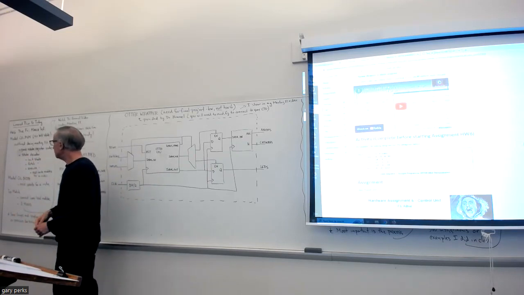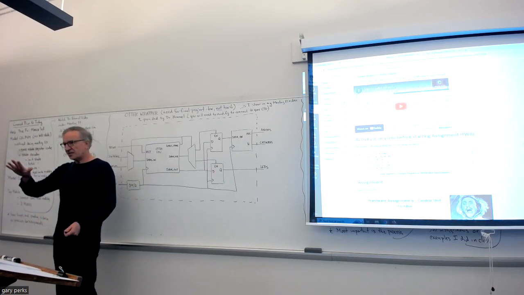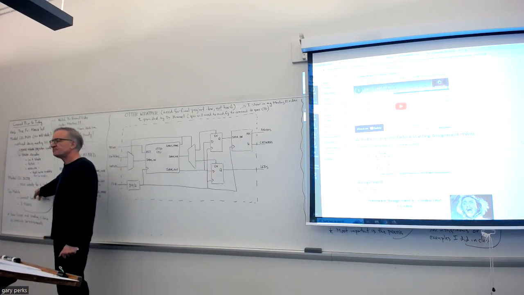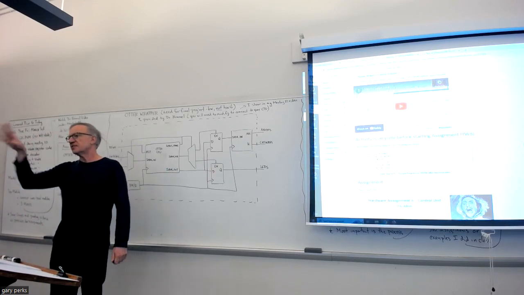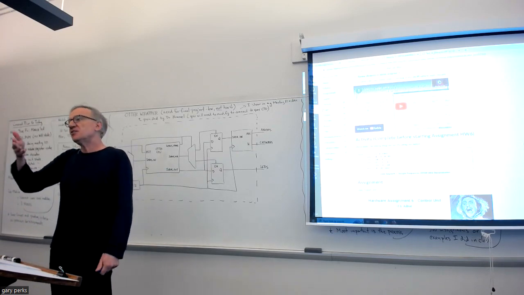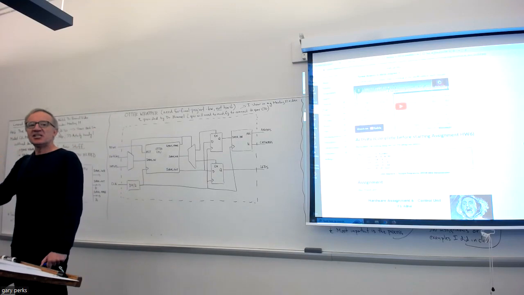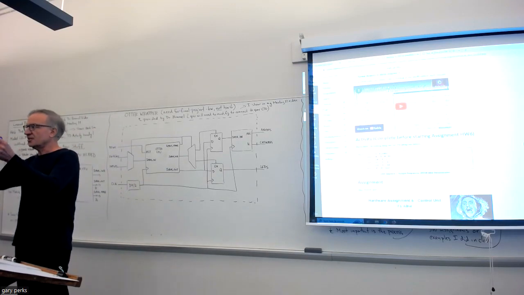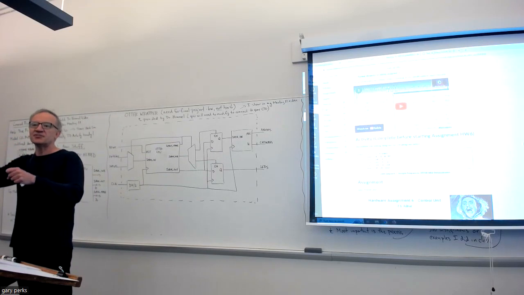Also, your control unit decoder. You're going to have to do some work there also based on the instruction's opcode, because remember the control unit decoder is outputting the selects for the muxes. Depending on what instruction is being executed, different mux selects have to be different values.